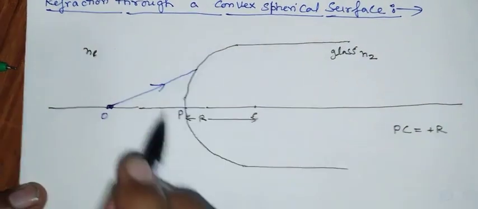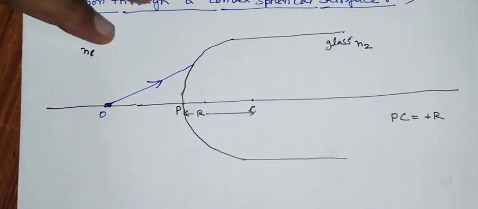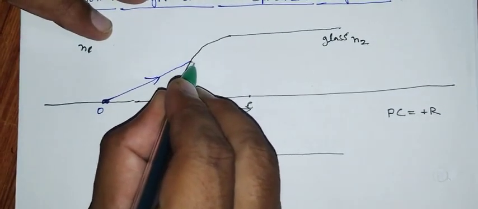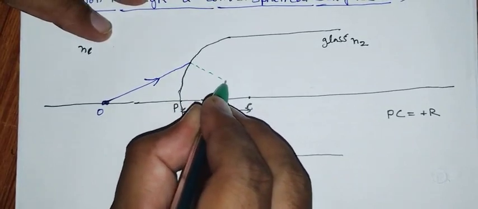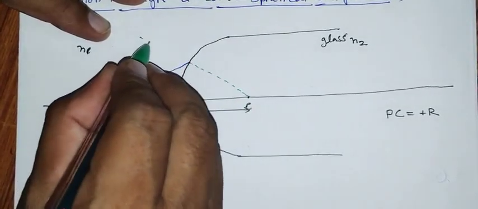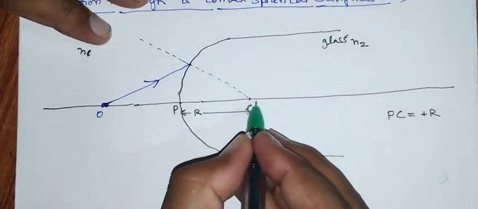Wherever this is, at this point the normal is required to make. This normal always passes through the center of curvature. So take a dotted line from here, center C.